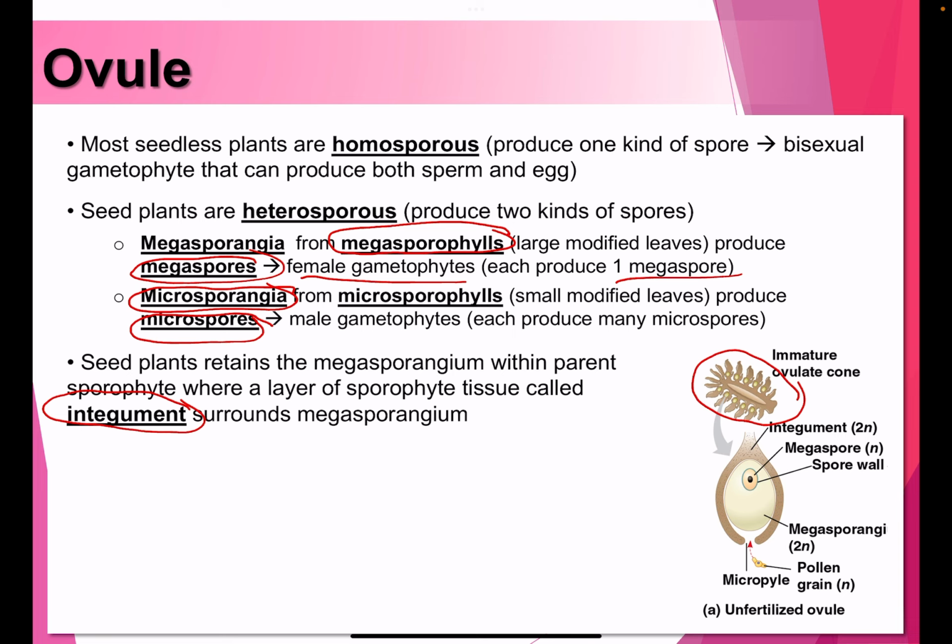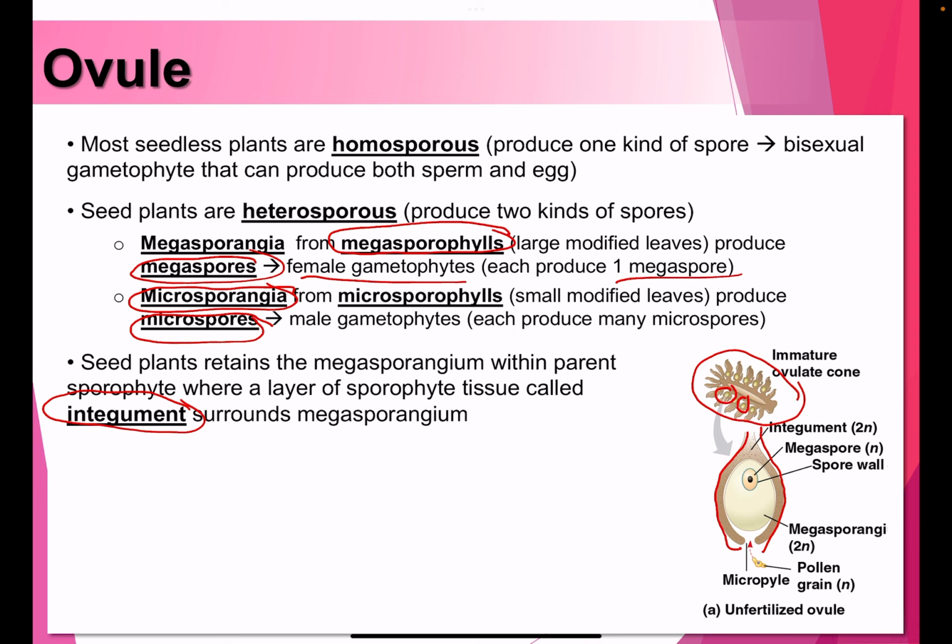Okay, now those are large scale leaves that will have embedded in there these yellow little circles, and if we enlarge those yellow oval objects, you will see that there is a layer of integument that surrounds the megasporangium, and then the megaspore, which will ultimately become your egg cell.